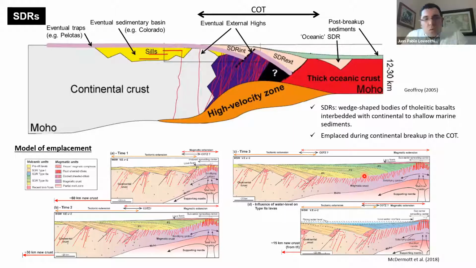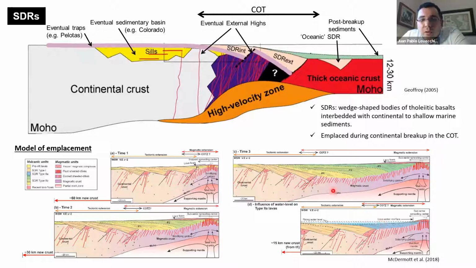The SDRs are interpreted to develop during the breakup process, so they record a gradient between more brittle rheologies associated to rifting for the older SDRs preserved in the inner part of the continental crust of the continent-ocean transition zone, while they show this gradient towards more ductile rheological conditions, which is the case of these outer SDRs or external SDRs that seem to merge with the magmatic crust, and they form until the first normal oceanic crust is produced, as in this case here at the bottom, in subaqueous conditions.